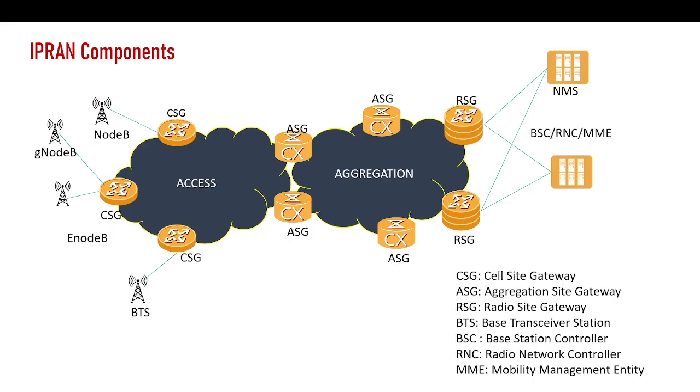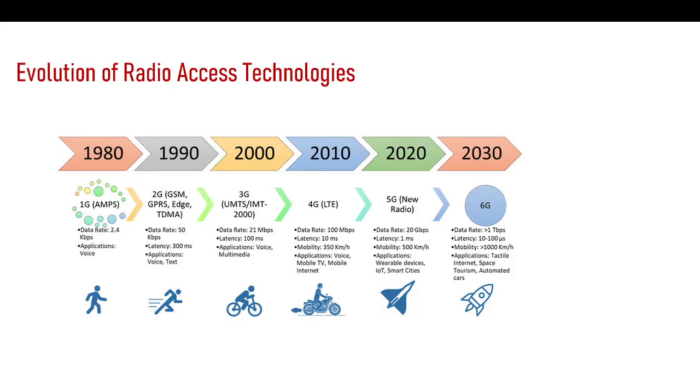So the main focus that we are talking about is, from this slide you saw that these different technologies have different requirements. For you to be able to meet these requirements, definitely the first thing that you want to have is higher capacity links, right?